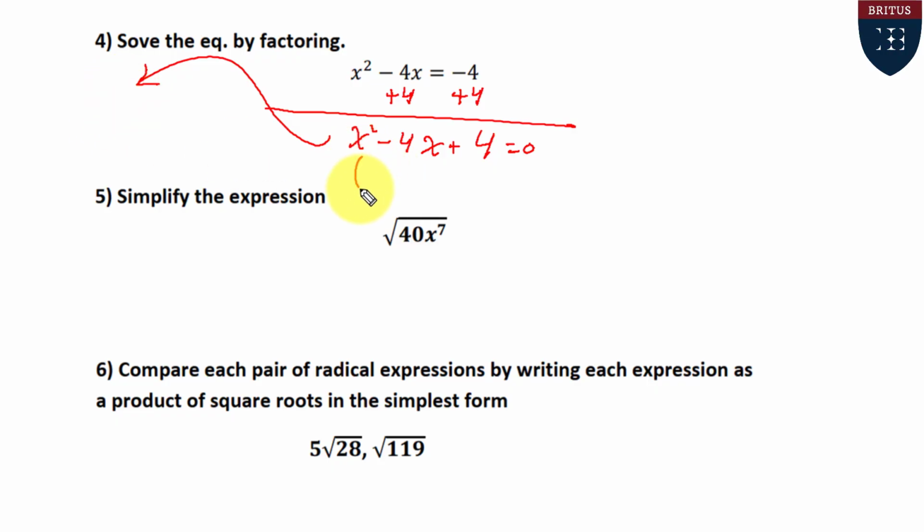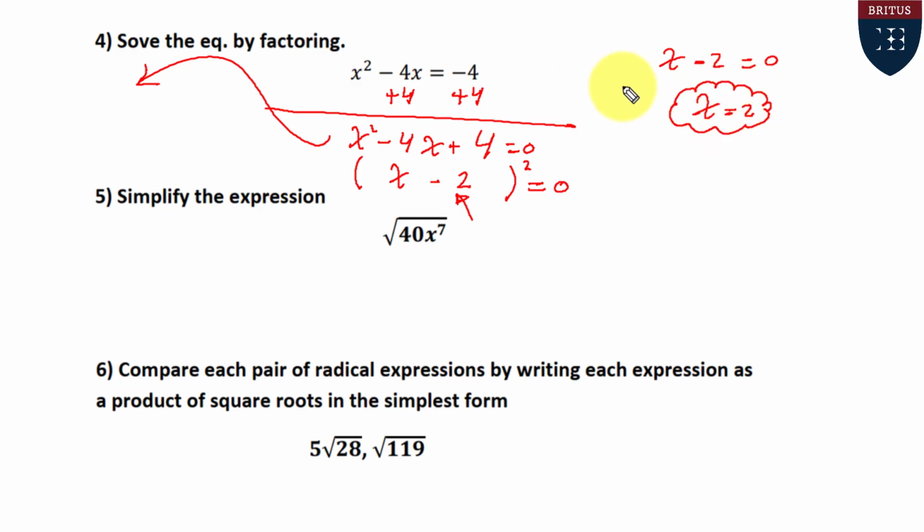Now we can factorize it as (x minus 2) raised to the power 2 equals 0. Now what's inside the bracket, x minus 2, is equal to 0. Now x equals 2. Now we have just one real solution for the equation x squared minus 4x equals negative 4.